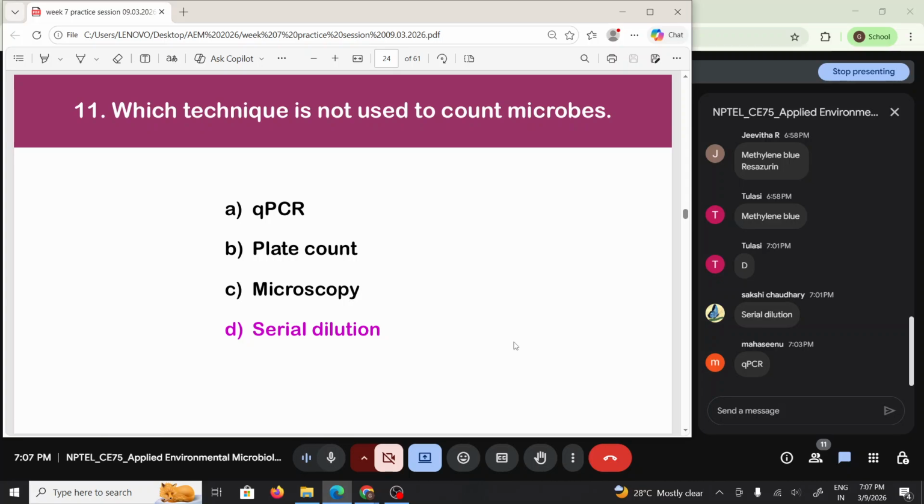When we talk about a qPCR method, PCR we know it's a polymerase chain reaction where we have DNA molecules, and we try to amplify the DNA. So what we typically do is we have the DNA and we try to add some tags to it, fluorescent tags or other dye-based tags or intercalating tags, and we perform the PCR.